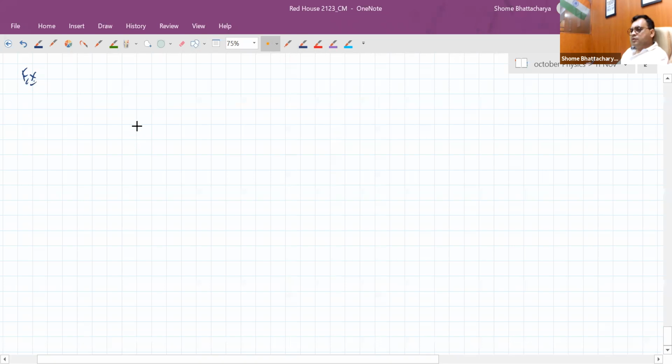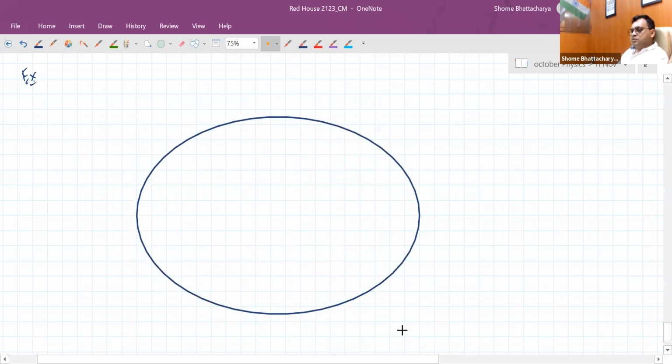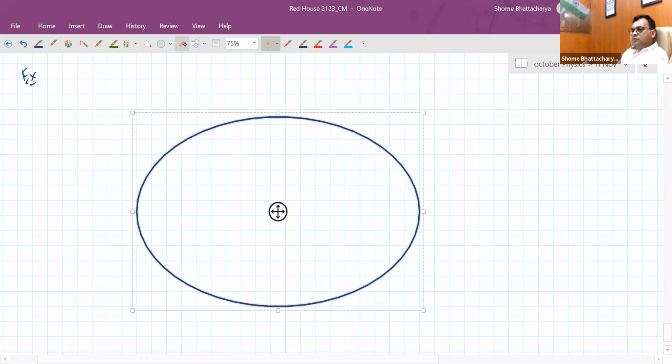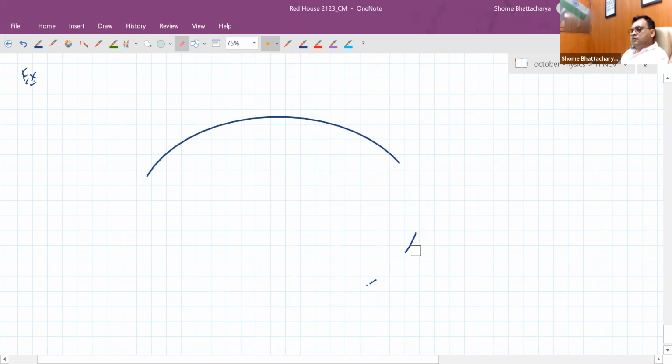We have a small little mound on which a person is running. So let's say the mound is perfectly spherical in shape, with a center of curvature.